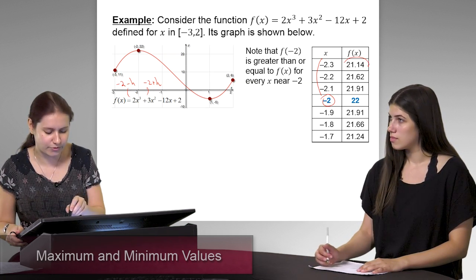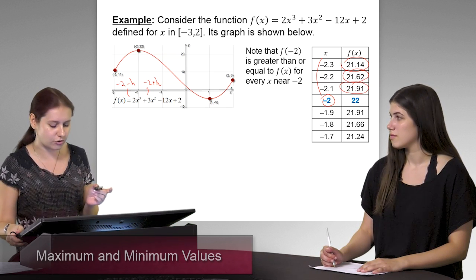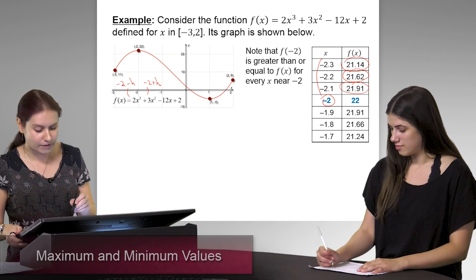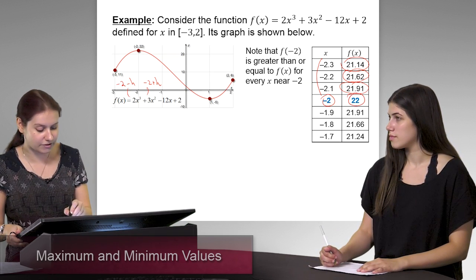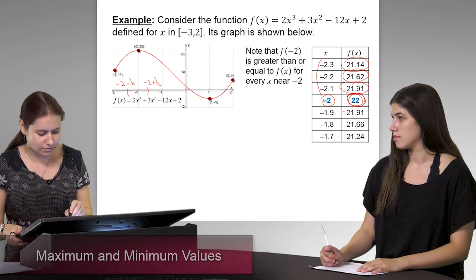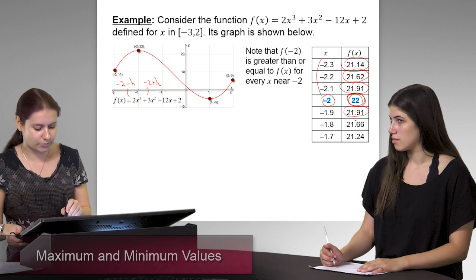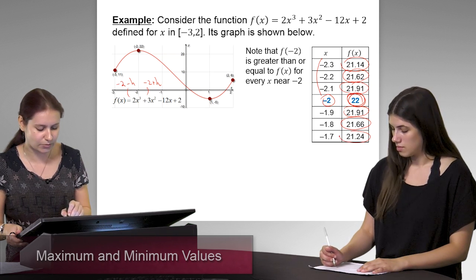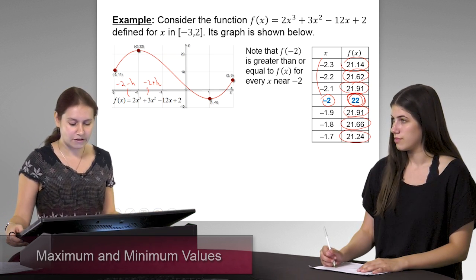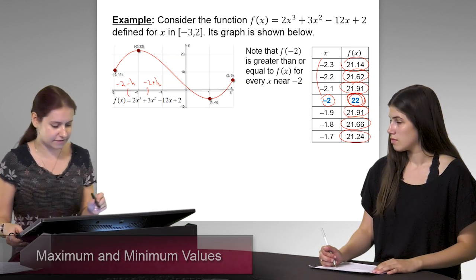Gives you 21.14, 21.62, 21.91, which is getting closer to 22. But the main point is that 22 is still bigger. And that's important to understand. The moment we step away to the right, what's going on here? Now we have numbers that are smaller than 22, again to the right: 21.91, 21.66, 21.24. So we can say that f of negative 2 is greater than or equal to f of x for every x near negative 2.